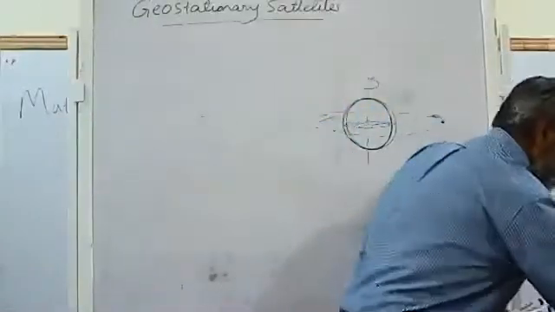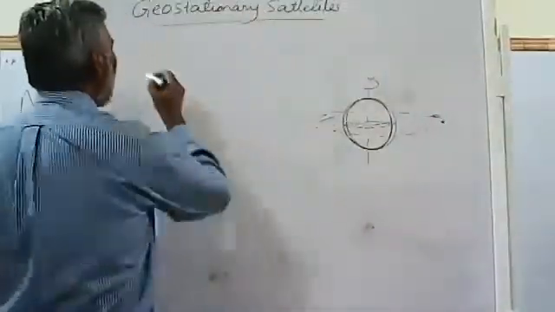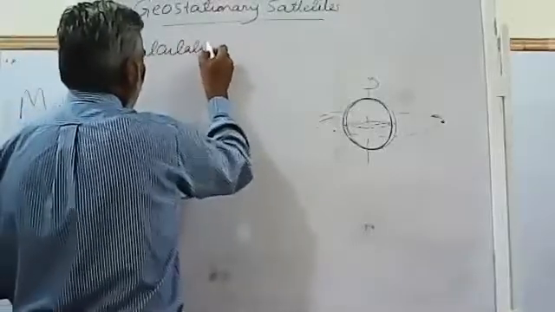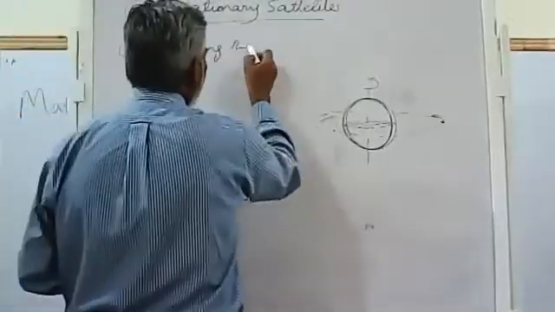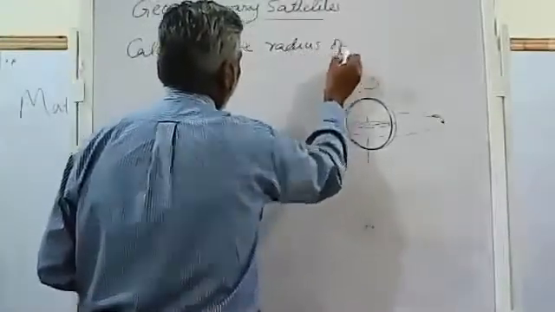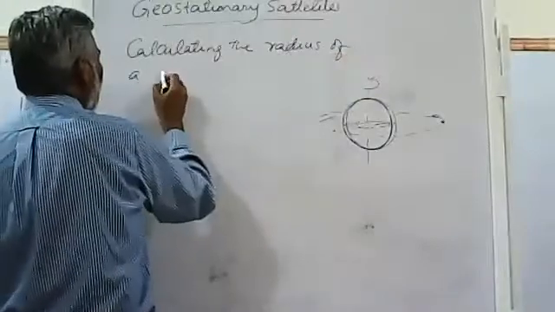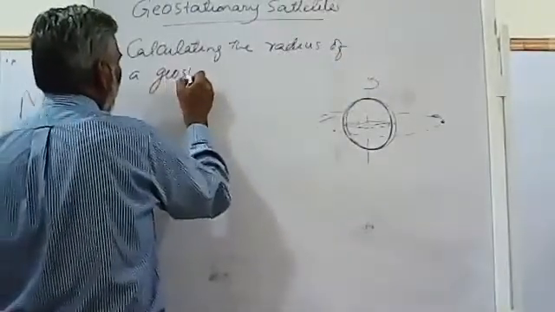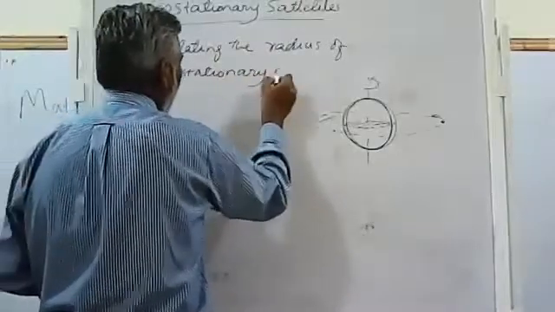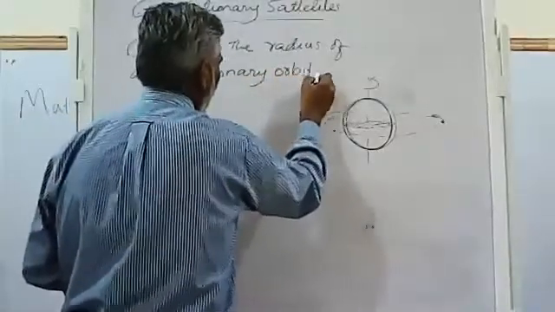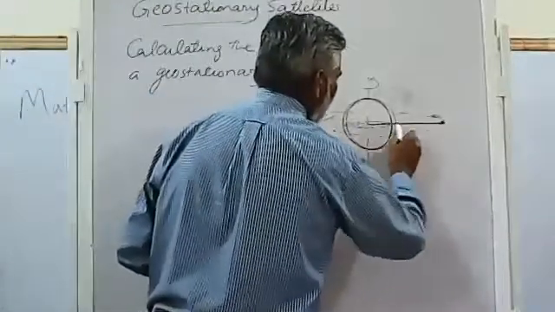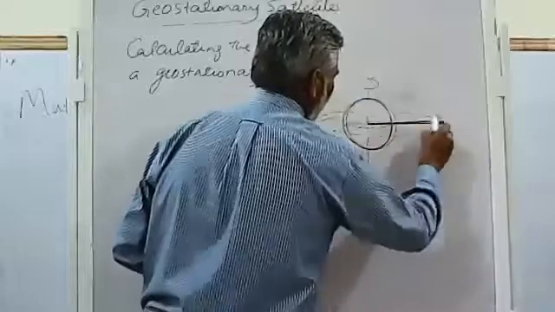How to calculate the radius of a geostationary orbit, which means this distance is to be calculated.